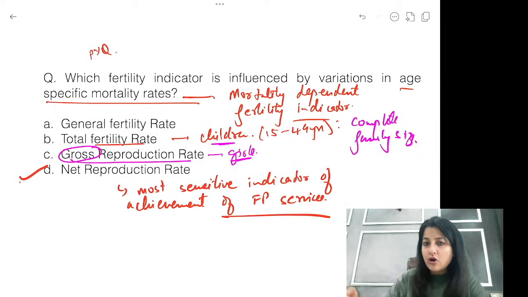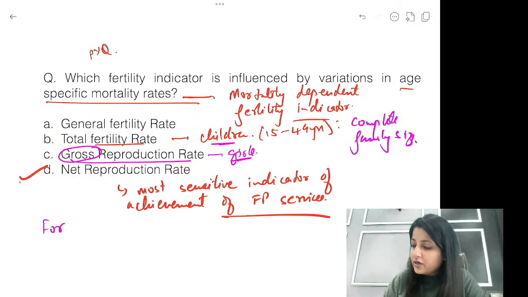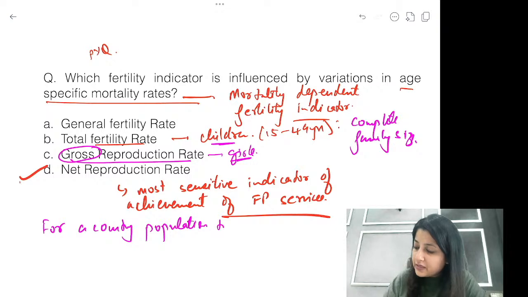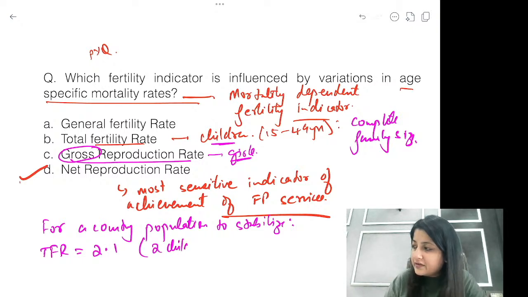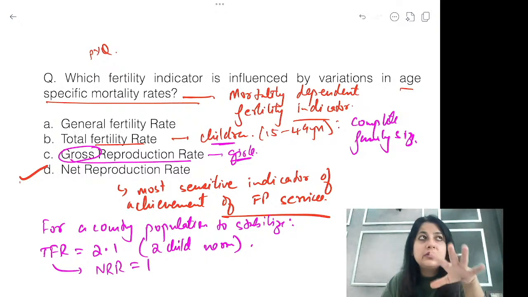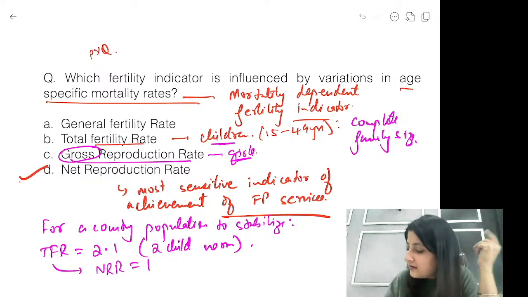I'm sure all of you remember that for a country's population to stabilize, TFR should be 2.1, which means the country is relying on a 2-child norm. This will be achieved when net reproduction rate is 1. That means out of the 2 children, 1 is obviously a girl.